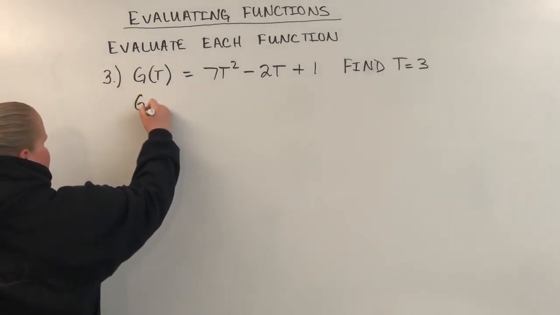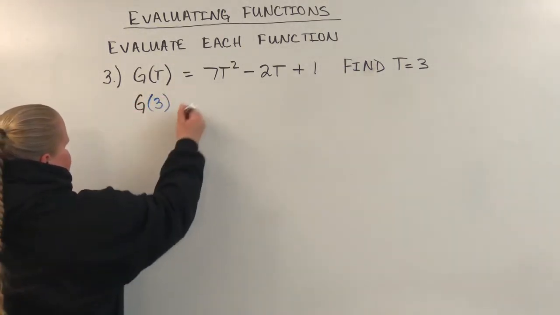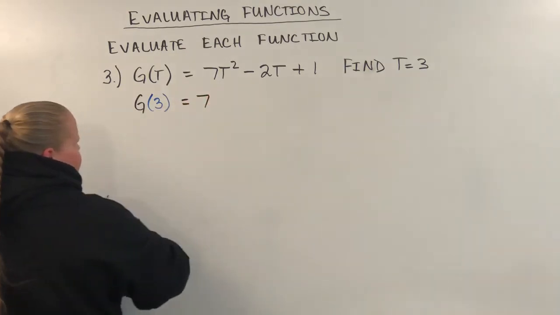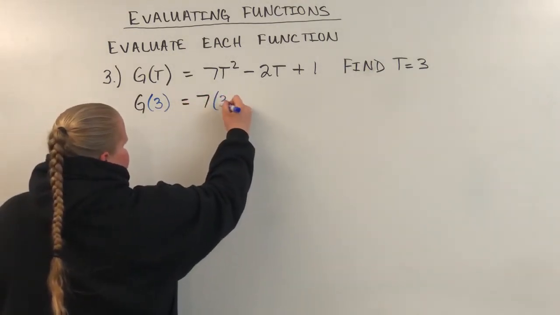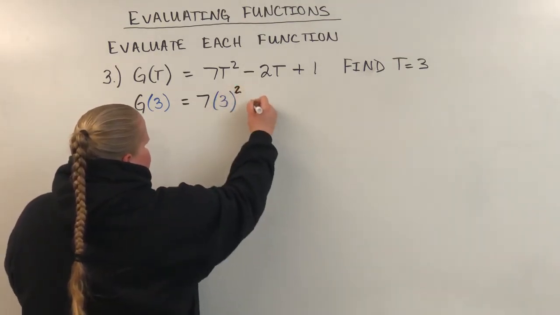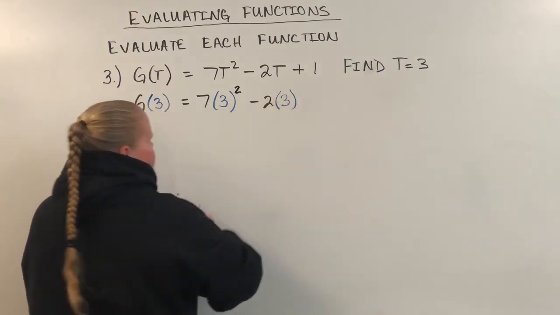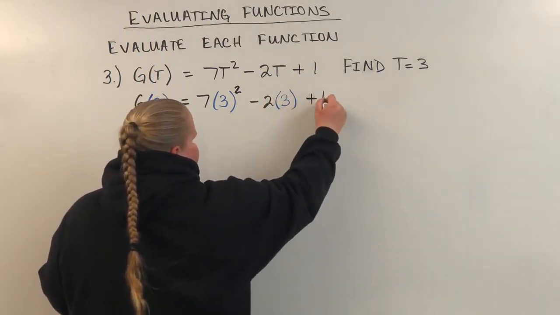So I have g of 3 equals 7 times 3 squared minus 2 times 3 plus 1.